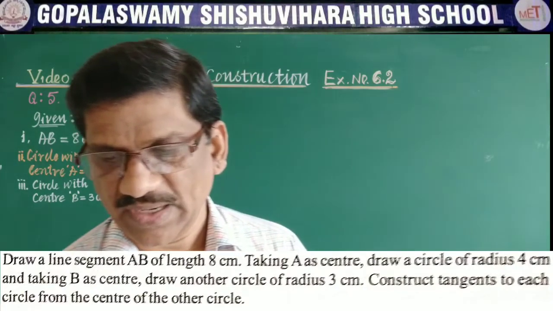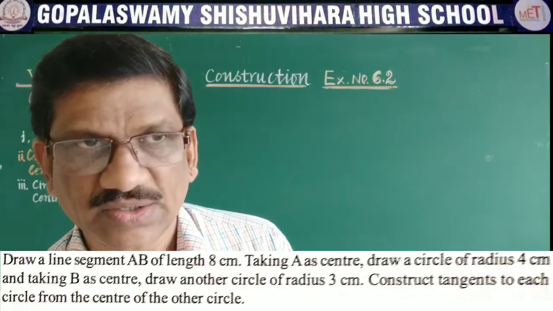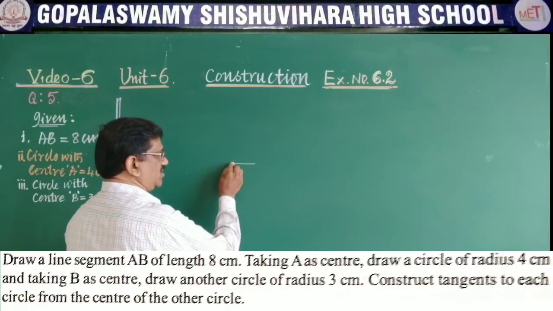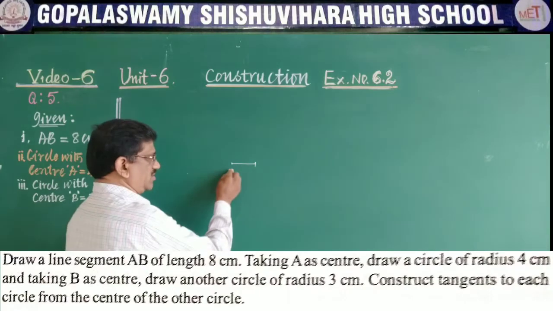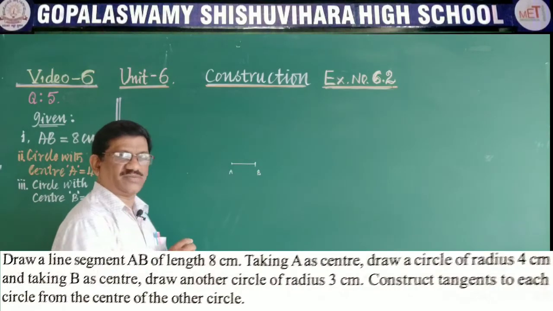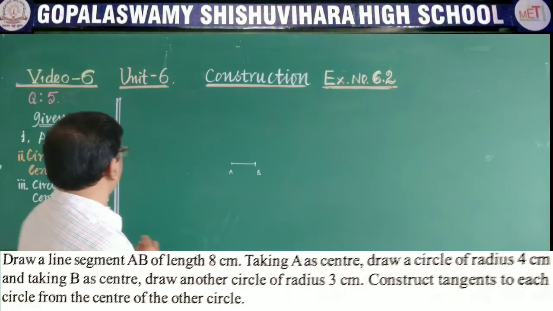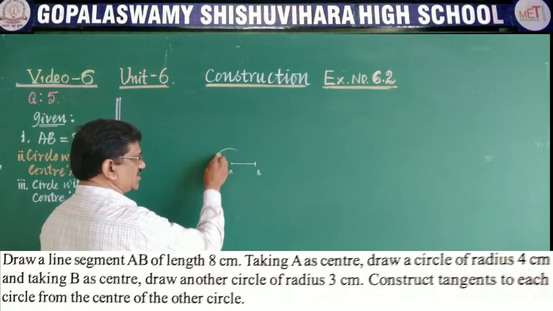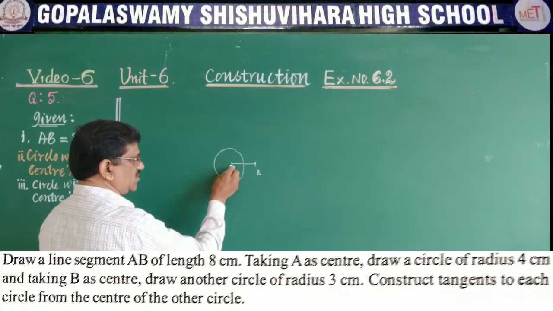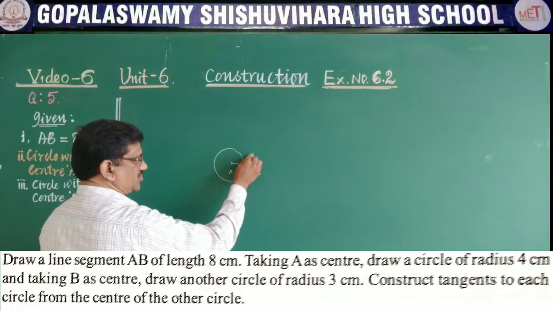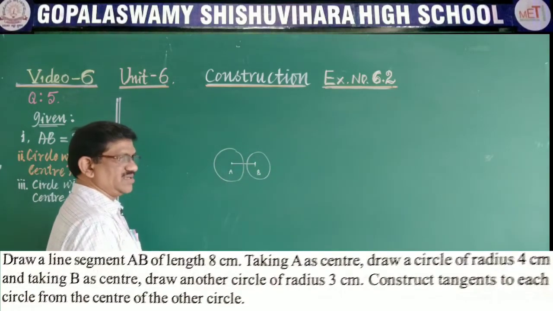Understood, children? So what we have to do now? First we have to draw a line segment AB equal to how many centimeter? It is 8 centimeter. Then from A you have to draw a circle of radius 4 centimeter, and from B as a center you have to draw another circle of radius 3 centimeters.